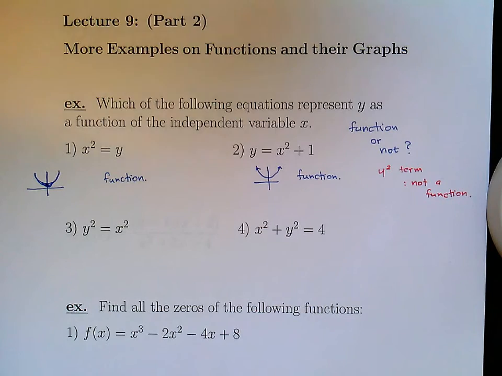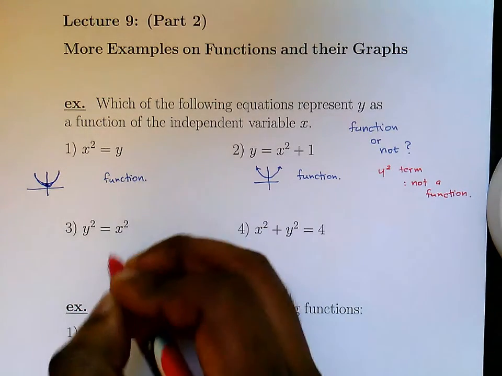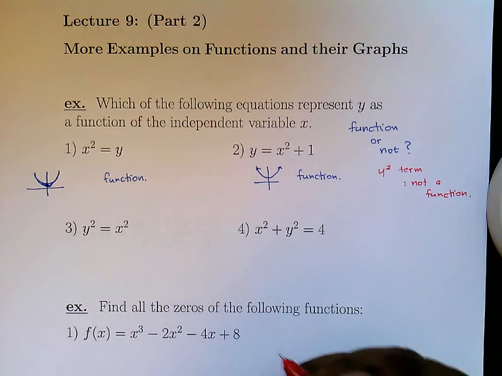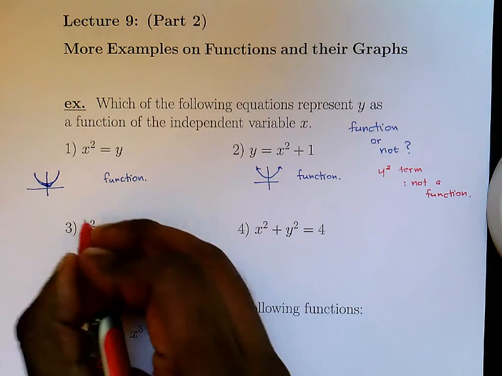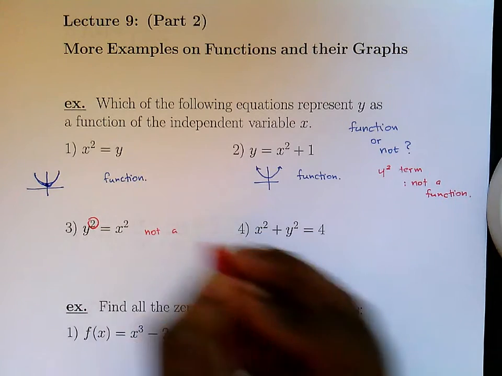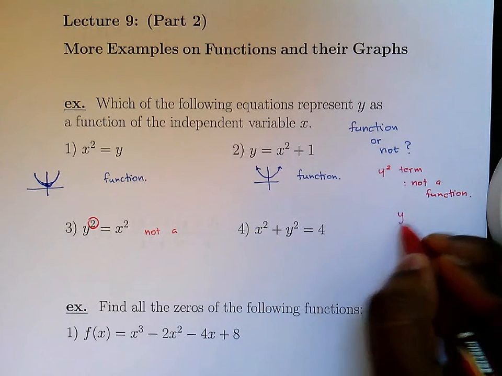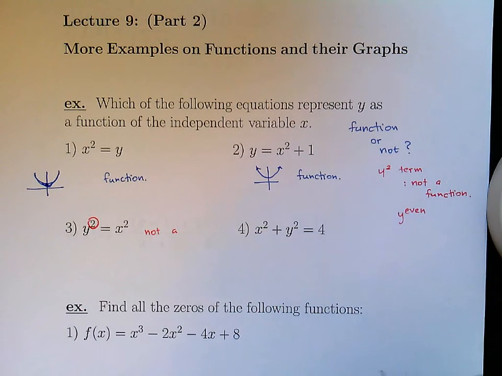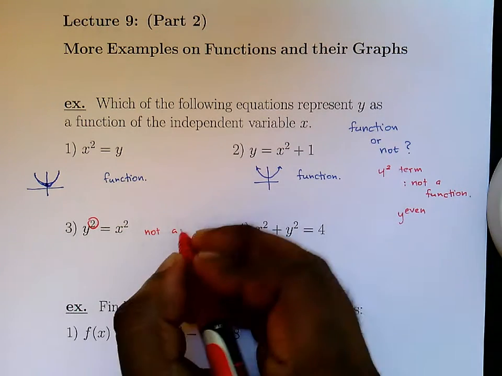Now this one right here, y squared equals x squared, is not a function because you can see the y squared term. So even if you have y to an even power as the largest factor, you can say that's not a function.